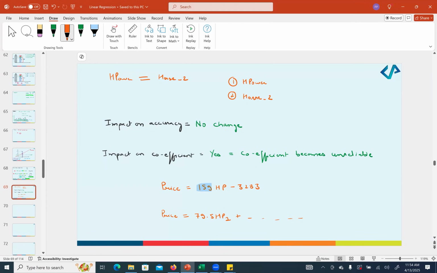Which one is more accurate, the first one or the second one? Both are equally accurate, but it is more favorable to use the first one.